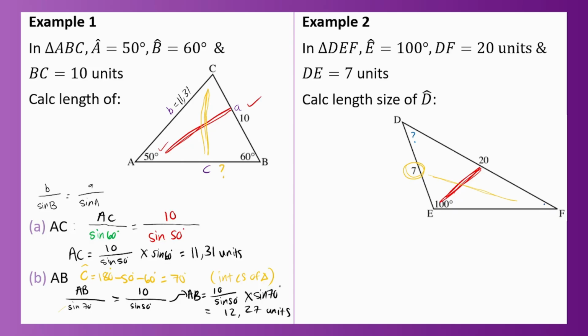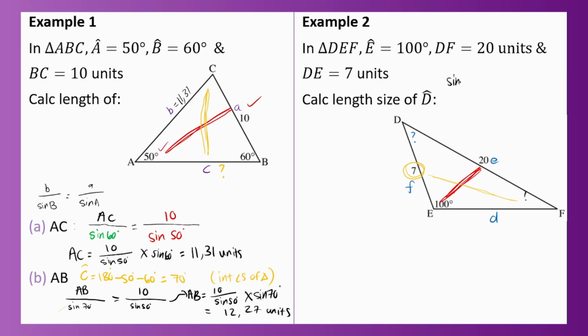We have neither the information for D or for EF. So we need to find F, and then we can use interior angles of a triangle. In this case, however, we are looking for an angle. So instead of having your sides on top, have your sin with the angle on top. So we are going to be looking for angle F, right?